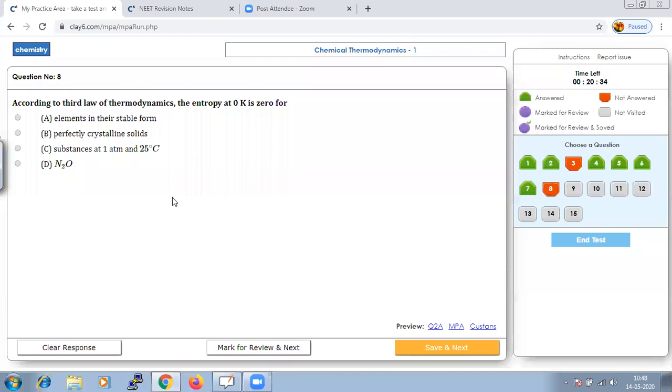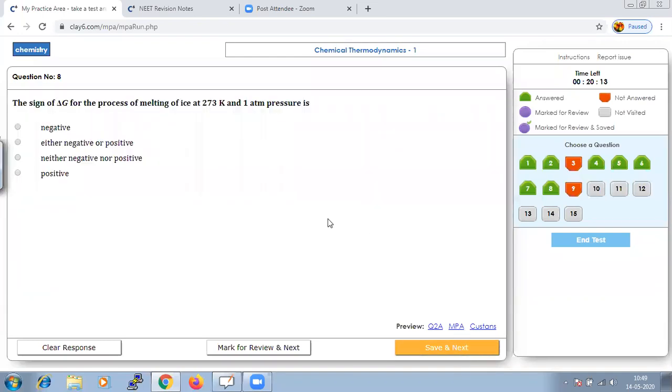Hence, when the temperature of the crystal is equal to absolute 0, the entropy of a perfect crystal will always be exactly 0. Hence, it should be perfectly crystalline solids. Let's save that and go to next question.